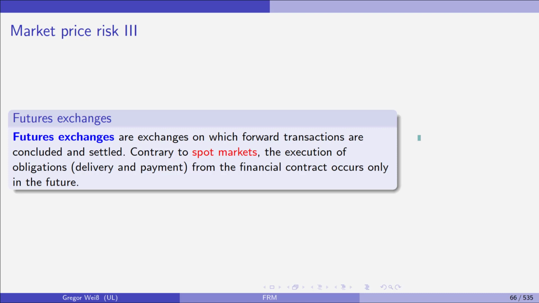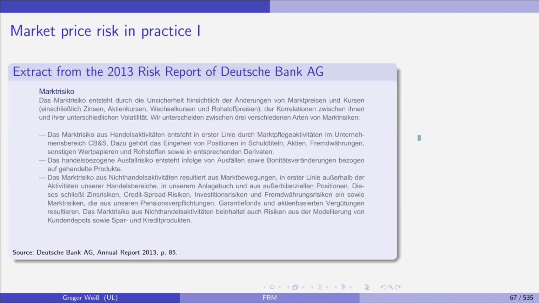And you have the Eurex, that's the futures exchange where you can do forward transactions, in which case you agree now on a contract, but the settlement is in the future. So the delivery of the good you've bought or sold and the money being exchanged will happen in the future. So the execution of obligations, delivery and payment occurs only in the future. So that's the difference between a spot market and a futures exchange.